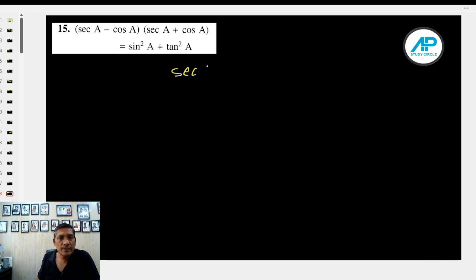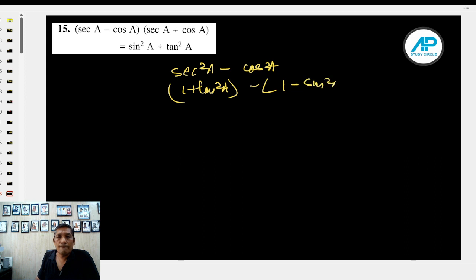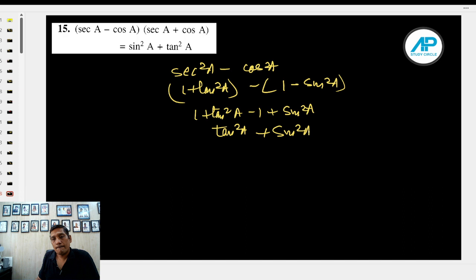The same question of this kind, it is sec square A minus cos square A. And what is sec square A? 1 plus tan square A. You get the answer, tan square A plus sine square A. I hope the questions are getting clear to you, the INTs are getting clear to you.